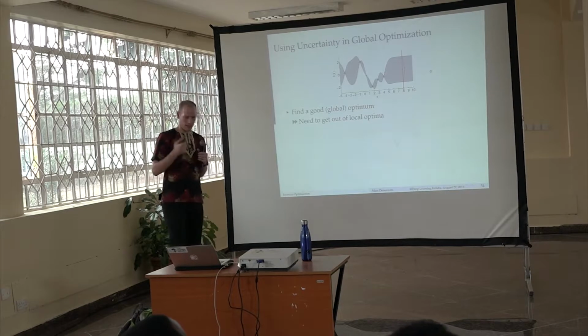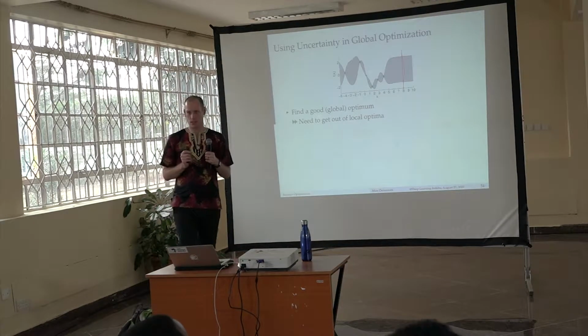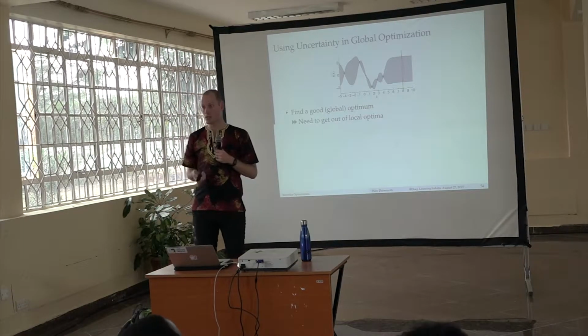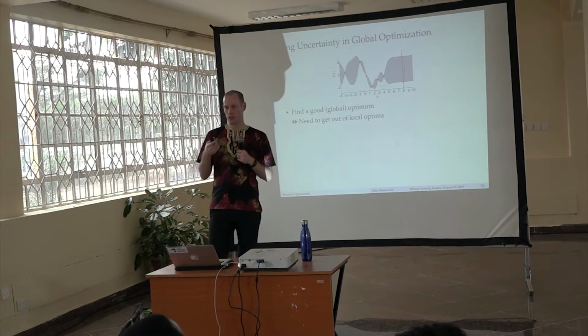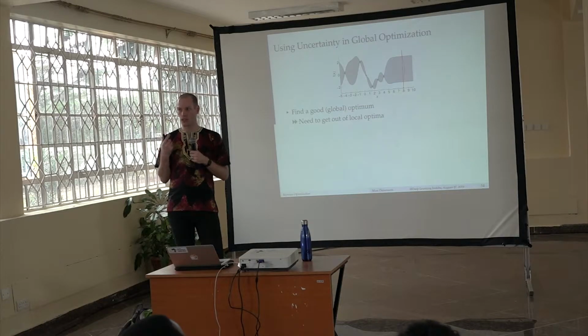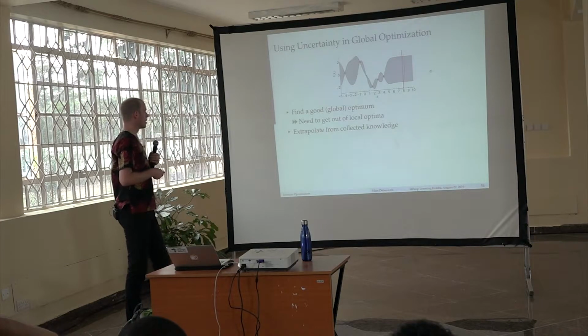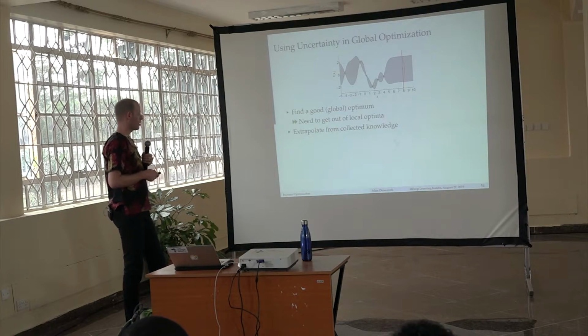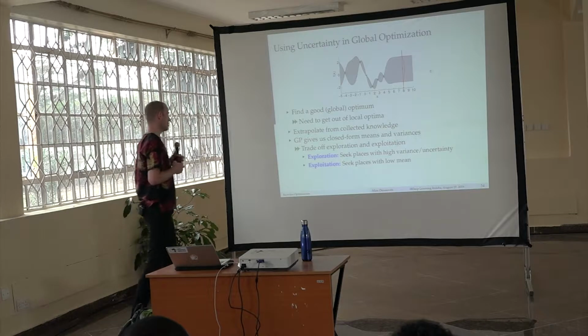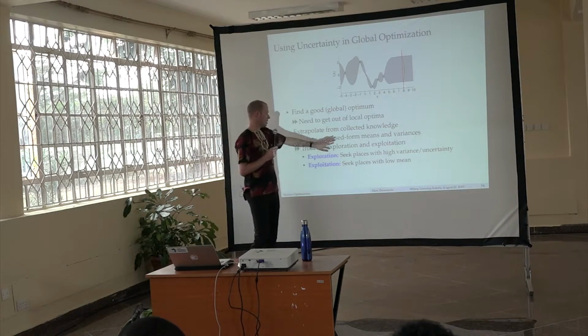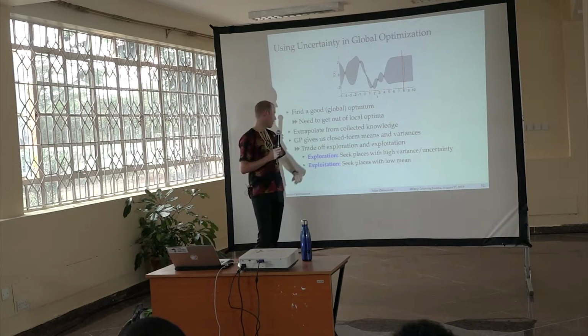One of the key things that Bayesian optimization needs is that we want to do global optimization, and therefore we can use the uncertainty of the Gaussian process to get out of local optima and to drive targeted exploration of our function. So we want to extrapolate from collected knowledge, and what the Gaussian process gives us is closed-form means and variances.